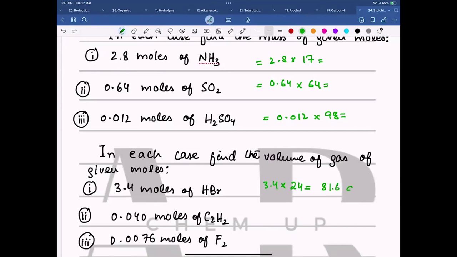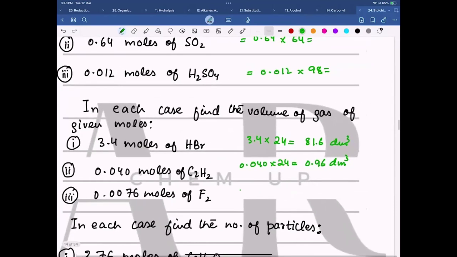No, 81.6 decimeter cube. So here 0.040 times 24, 0.96. 0.96 decimeter cube, and 0.0076. For example, if I take a 24,000, then it will be in centimeter cube. Yes.